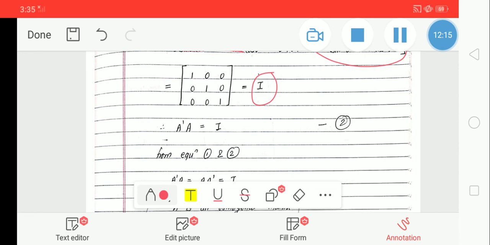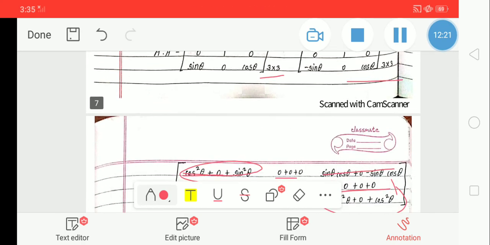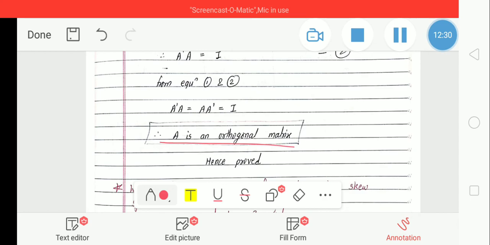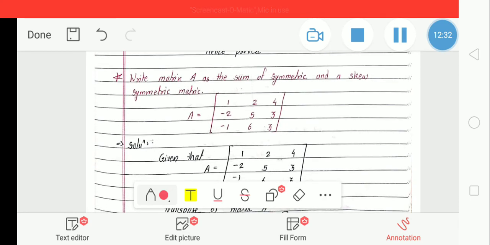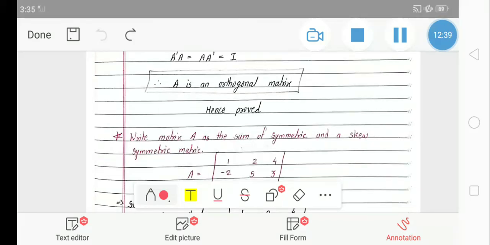So A dash multiplied by A is equal to identity. From equation number 1, both give identity. So A dash multiplied by A is equal to A multiplied by A dash is equal to identity. So A is an orthogonal matrix. Hence proved.